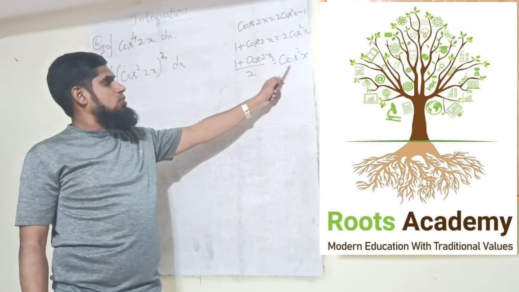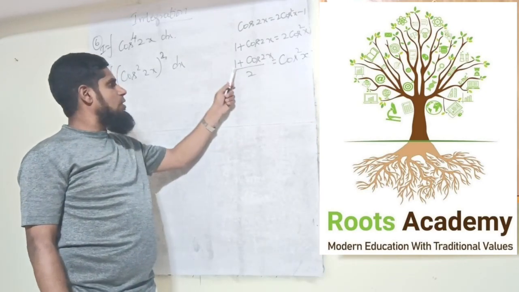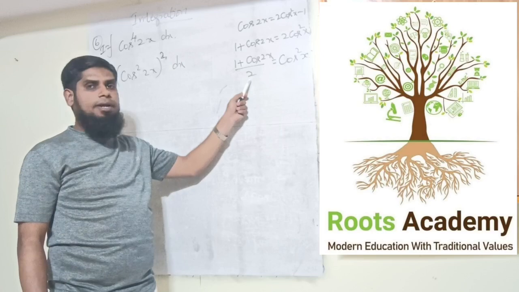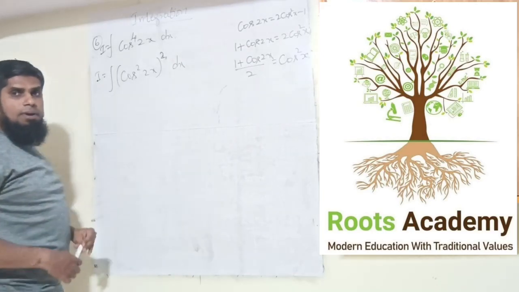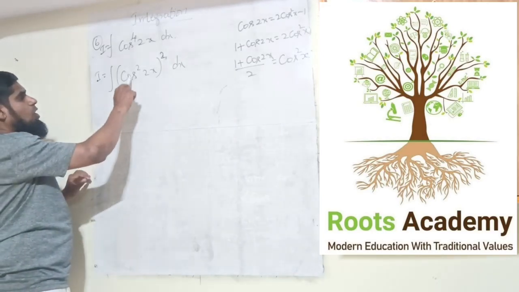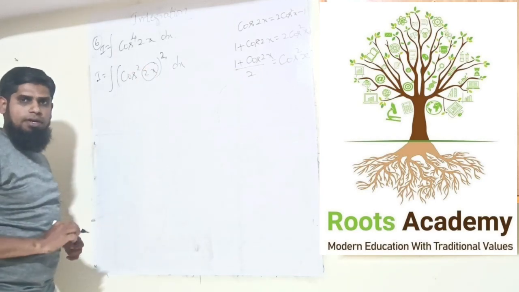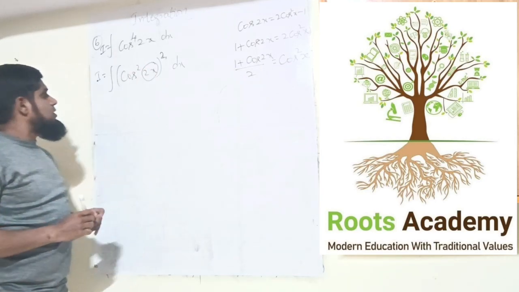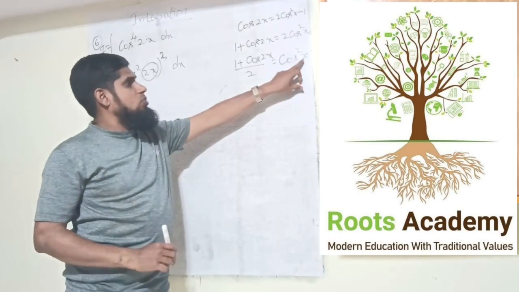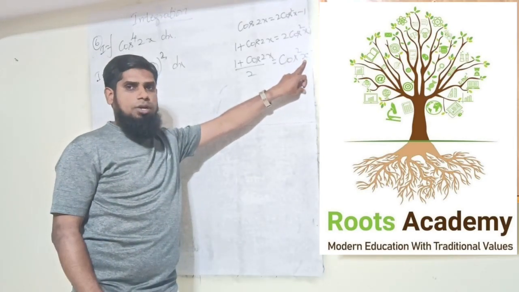So here I have just cos square x, and its formula is 1 plus cos 2x divided by 2. But in my integral, I have cos square 2x. So in place of x, I should write 2x now.